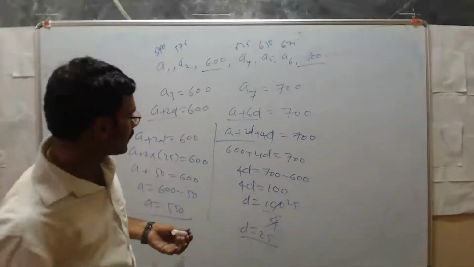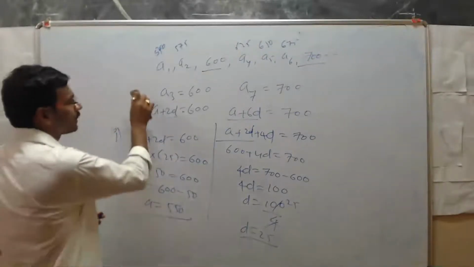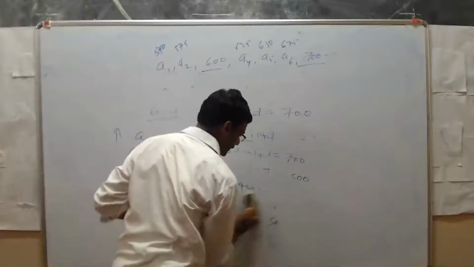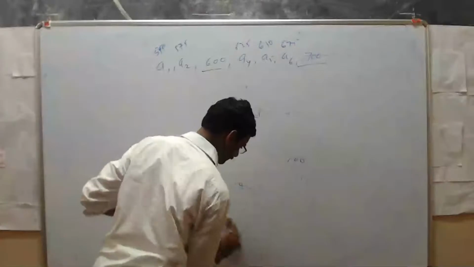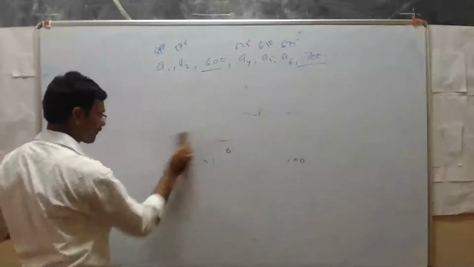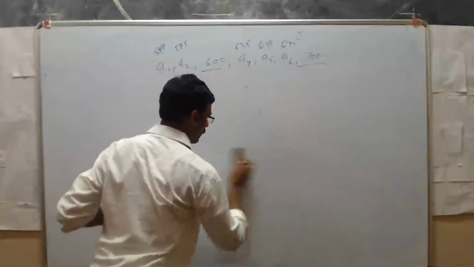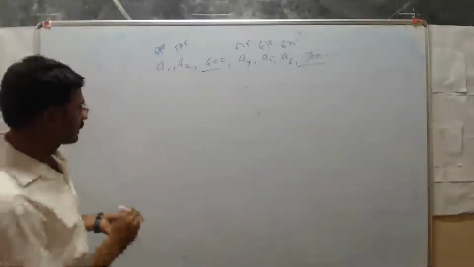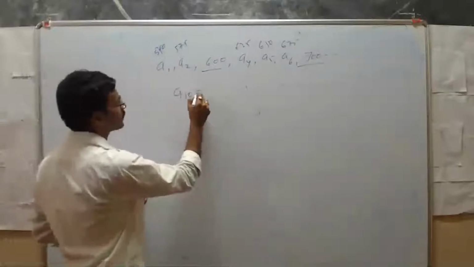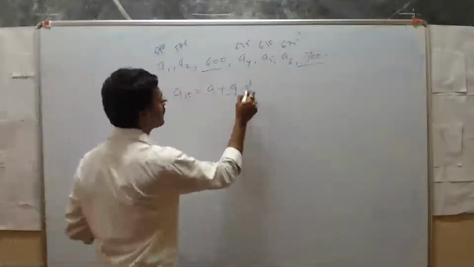In the 10th year, how many TVs did they produce? Okay, then 10th year means A10, which is A plus 9D.